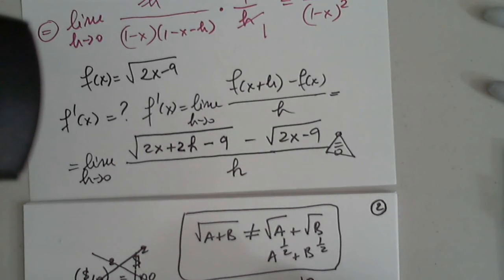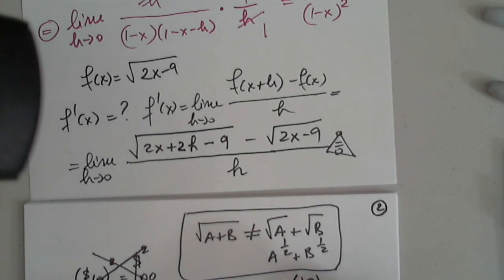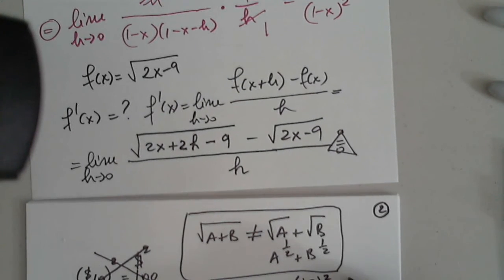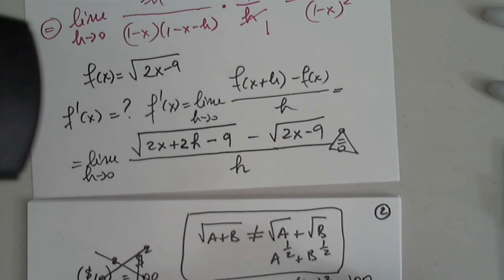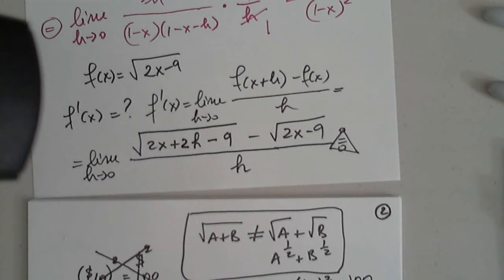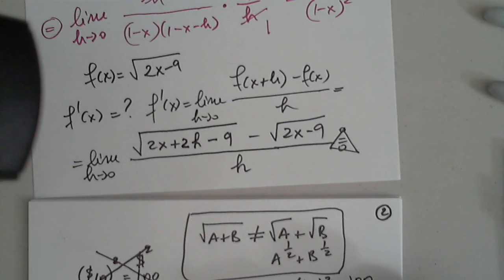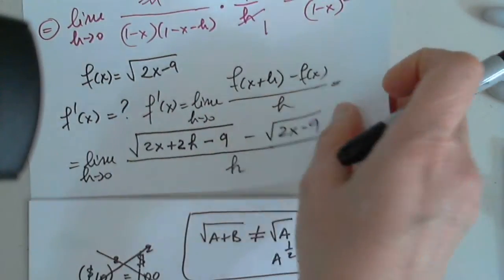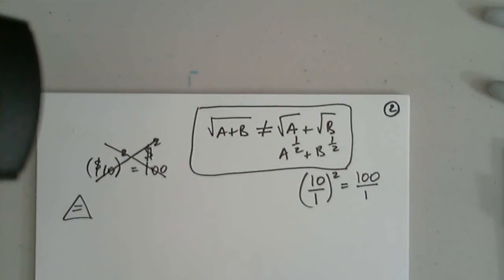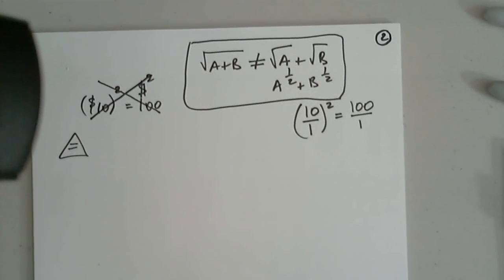So we have 10 over 1, and we decide to square. But is this the same as 100 divided by 1? I guess not, because 1 squared is just 1. No, I mean, these two are equal. That is correct. But can I say that 10 over 1 equals 100 over 1? So the point I'm making is, no matter what procedure we use, it has to be legitimate.